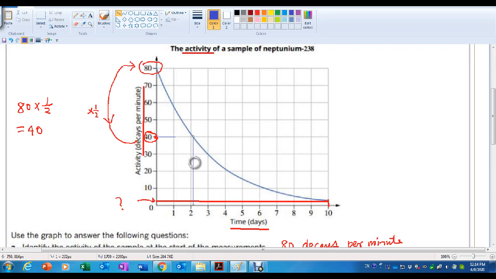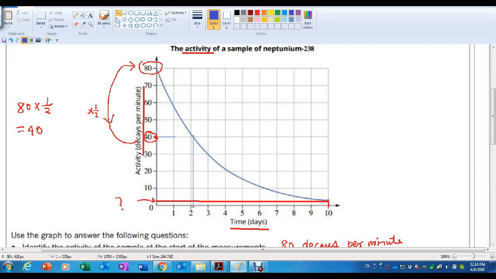Okay, when you look more closely, it is a bit greater than 2. All right, so what's the time? Should be 2.1 or 2.2.